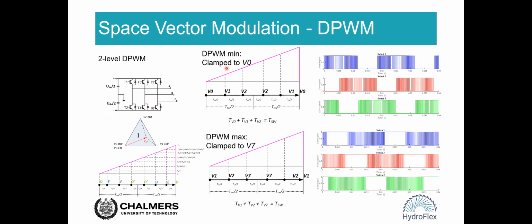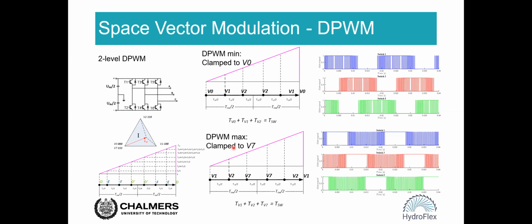So this is called discontinuous PWM min. On the other hand, we can use voltage V1, V2, and V7 to synthesize this reference voltage as well. So this is called DPWM max, and in this case, all these three phases are clamped to the positive rail of this DC link.